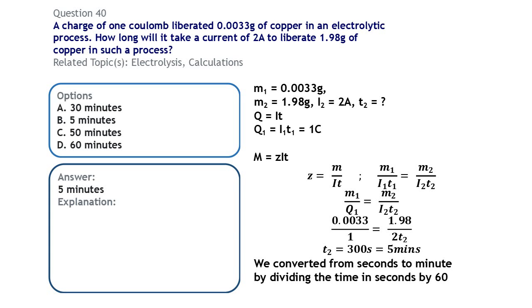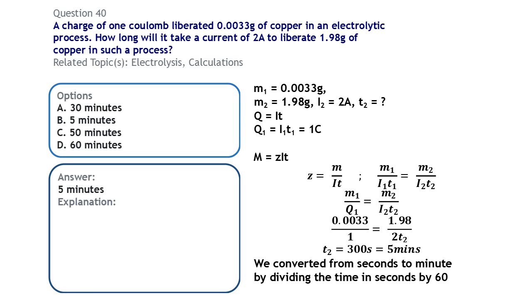Now this M1 is the original mass. So we are going to set up a relation here, that in both of these cases, the first time when this mass was liberated and the second time when this mass was liberated, the electrochemical equivalent did not change. It's like saying that Z1 is equal to Z2, and Z is M over IT.